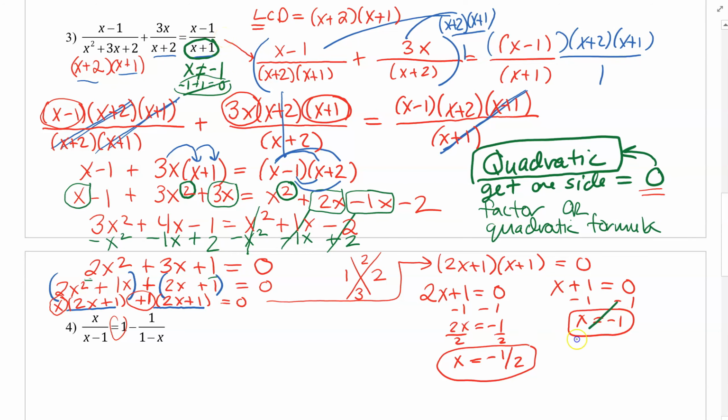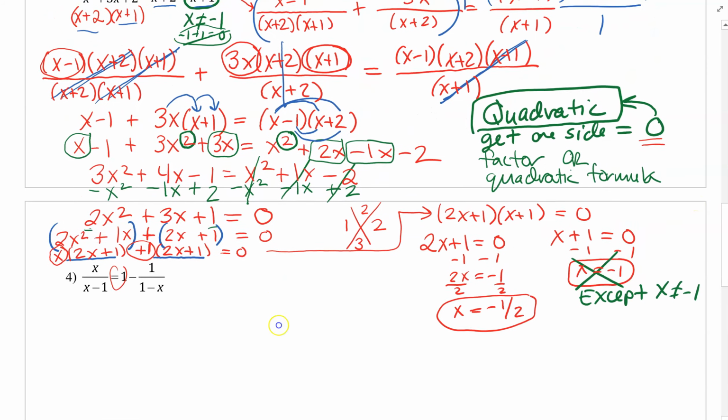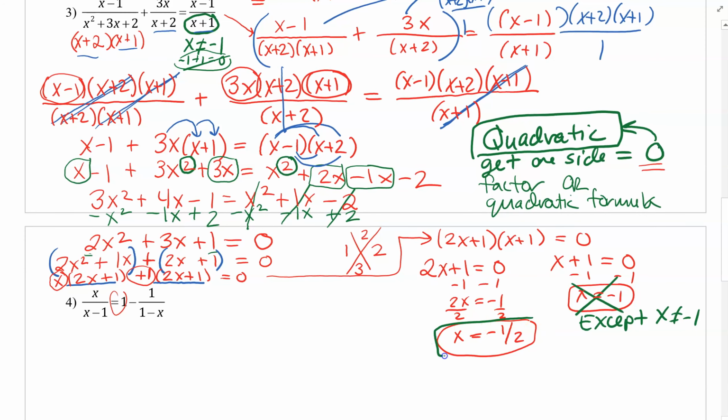So actually, I cannot let x equal negative 1. So I really only have one solution to example 3, and that one solution is x equals negative 1/2. That's the one solution that works. That one doesn't work. So there was like 2 at the beginning, but one doesn't work. So really there's only one actual solution that works, and it's negative 1/2. Okay?